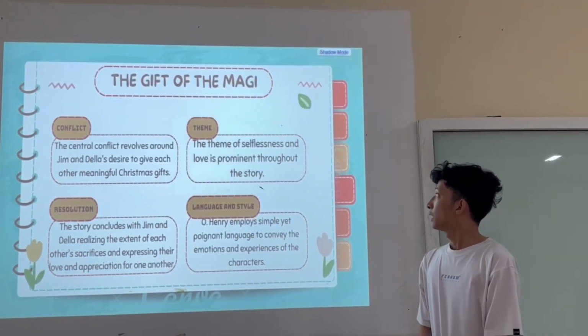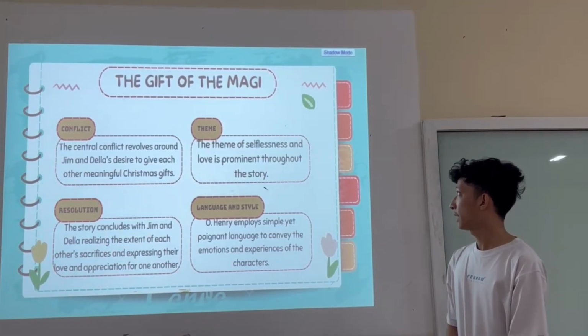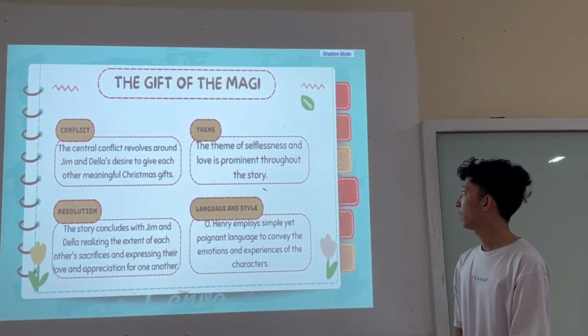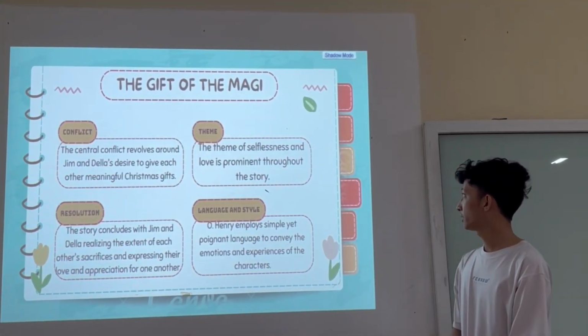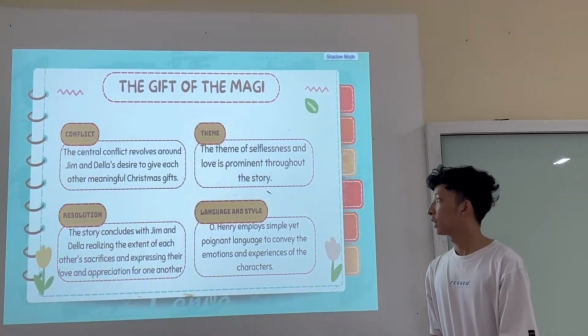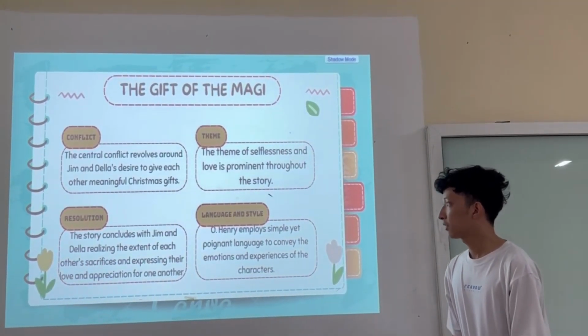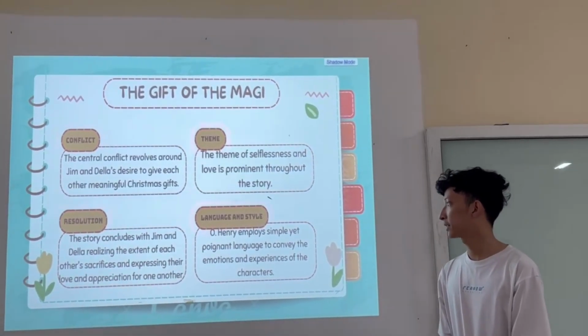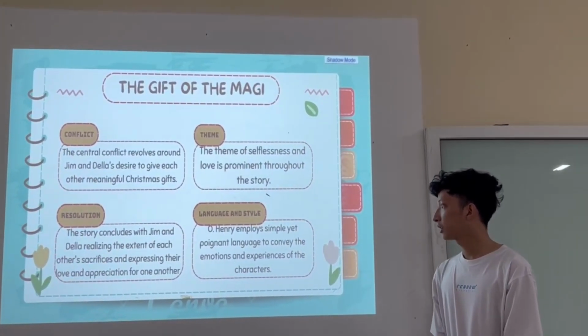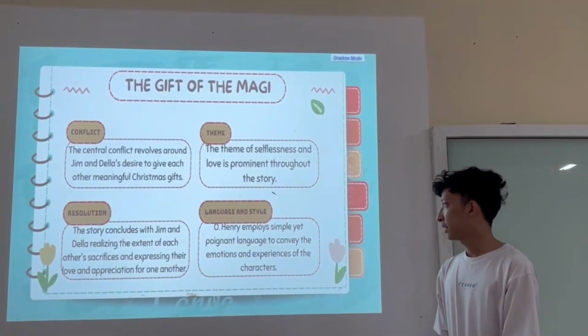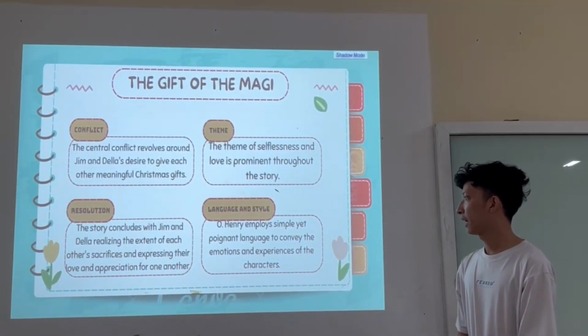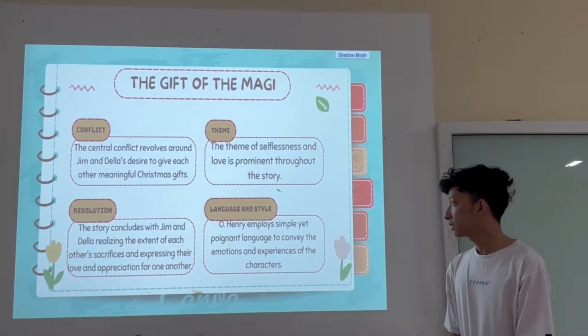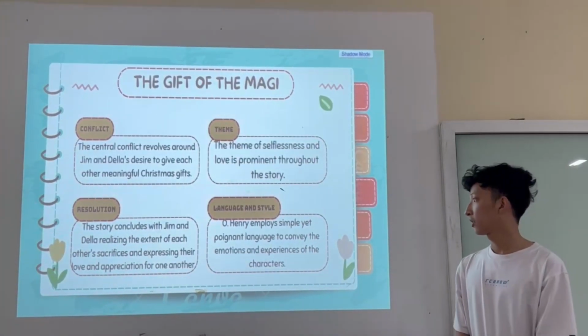About theme, the themes of selflessness and love are prominent throughout the story. About the resolution, the story concludes with Jim and Della realizing the extent of each other's sacrifice and expressing their love and appreciation for one another.